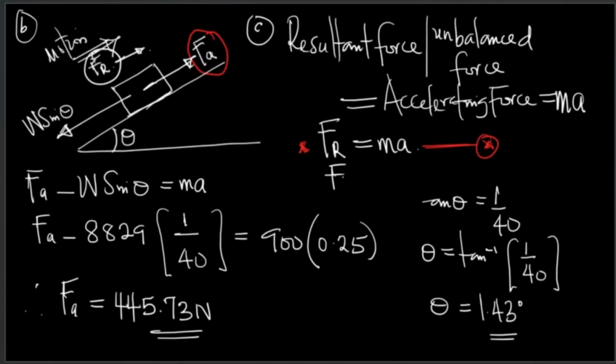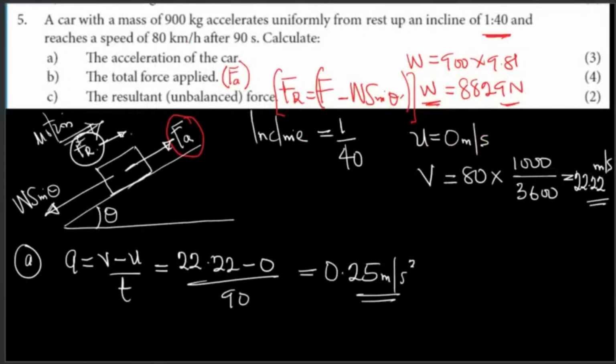This one is easy. Mass is 900, acceleration is 0.25. 900 times 0.25 will give us 225. 225 newtons.